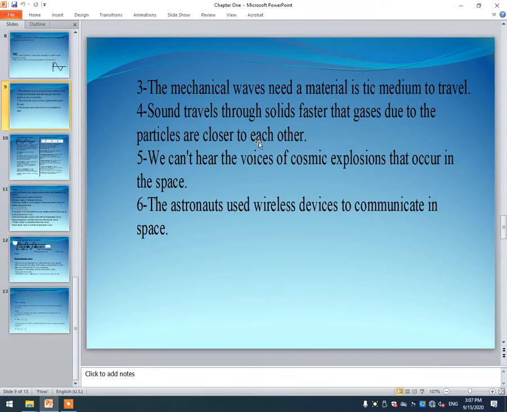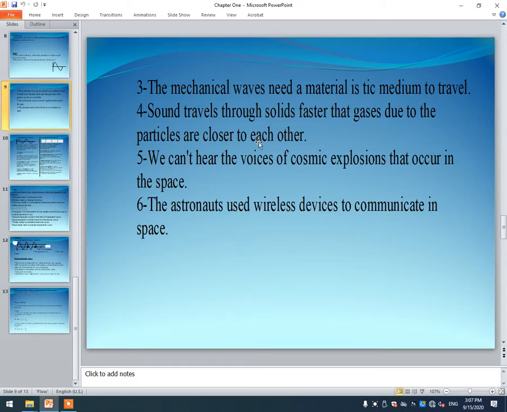Dear student, of course you know after studying this chapter of waves that light is an electromagnetic wave, so it can propagate through the vacuum between planet Earth and our star, the sun. But sound is a mechanical wave.